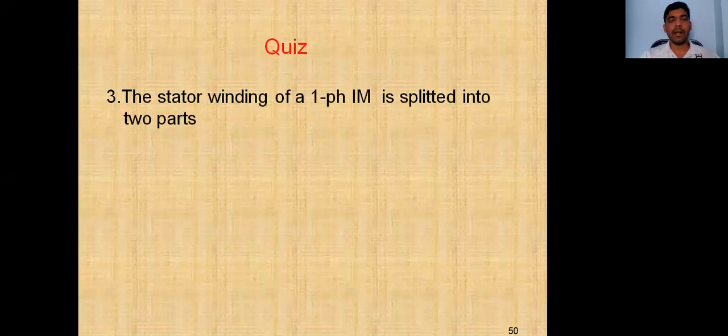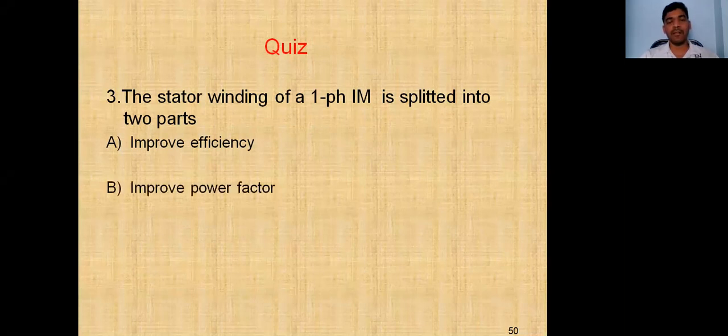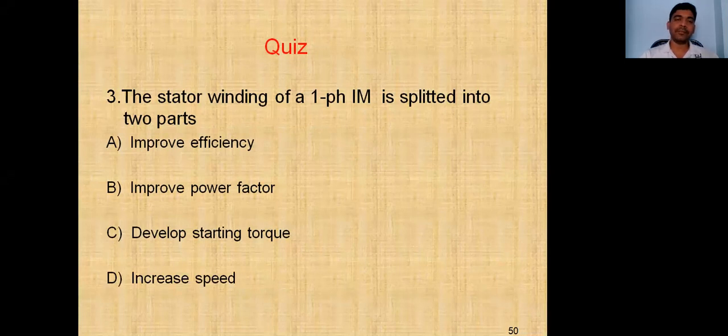The stator winding of a single phase induction motor is split into two parts.